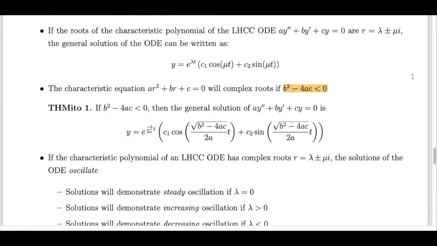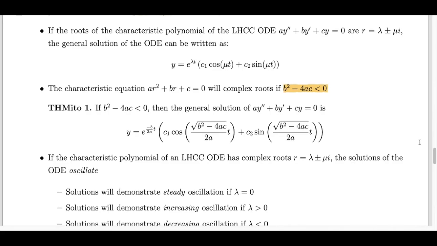So all I've done here is exactly that. I've translated this general solution from the lambda and mu variables that we introduced previously to be directly stated in terms of the coefficients a, b, and c. This is a little much to try to memorize, and so I don't necessarily recommend that you try to memorize this exact form. There will be a couple cases where we utilize this structure.